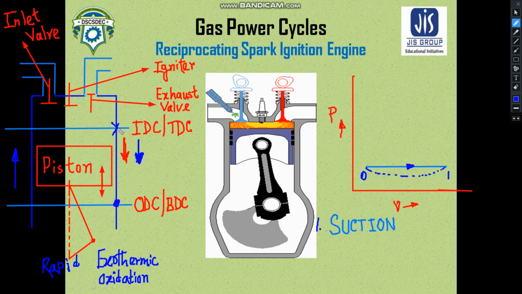But the combustion is taking place when the piston is at TDC. So we consider this process as a constant volume process because it is so instantaneous. The piston doesn't have any time to go downwards. Within that very small time, the burning of the fuel is happening. So this is considered a constant volume process.